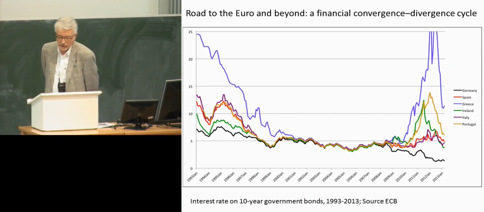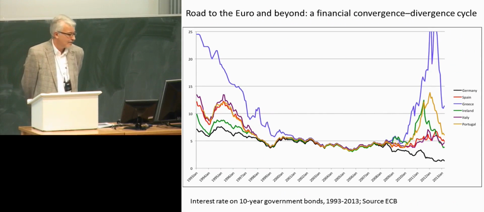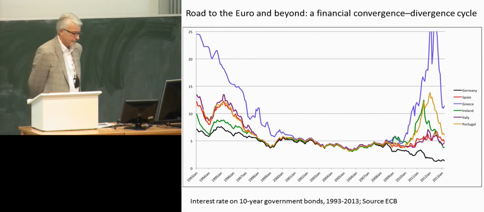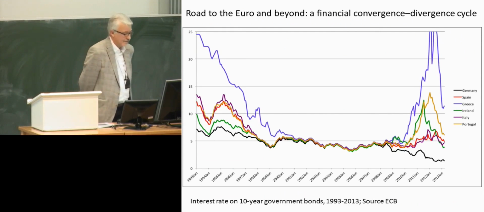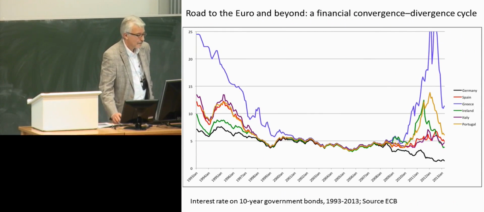Now, what are the major indicators of heterogeneity? One is interest rates. Here you see the road to the euro and beyond in terms of interest rates, in this case 10-year government bonds, 1993 to 2013.